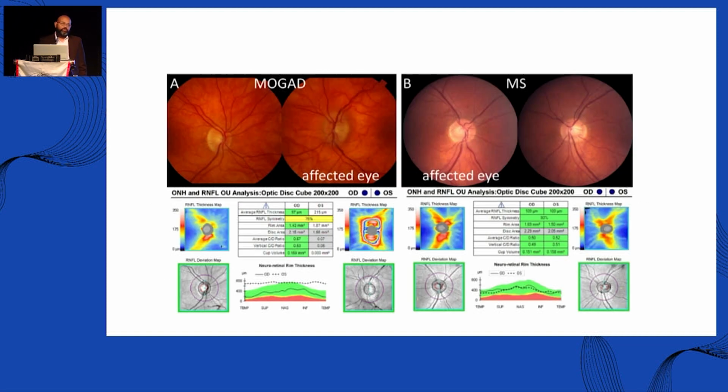And that is now being used to differentiate between MS and MOGAD. And you can see that there is significant asymmetry between the two eyes in the RNFL layer in MOGAD compared to that of MS. Okay? So during the acute phase, OCT can be useful as well in differentiating between MS and MOGADs.